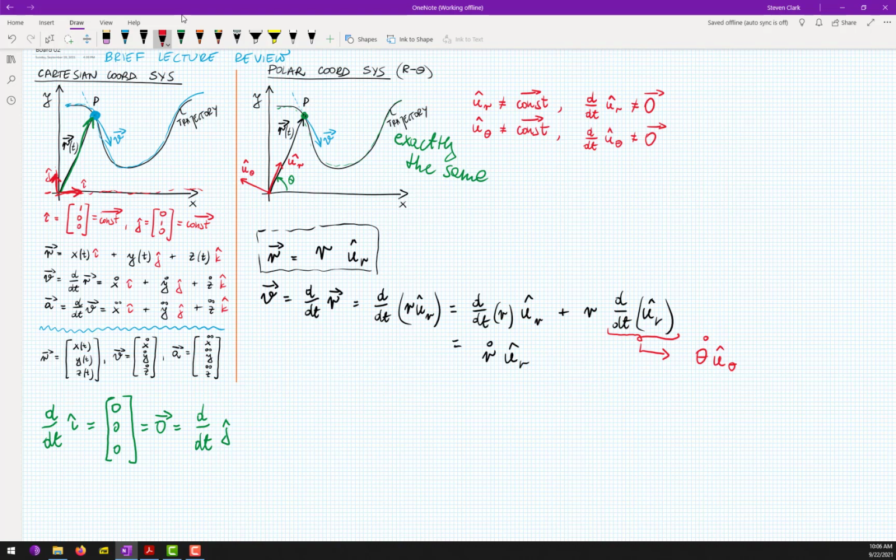I believe that Professor Sonny showed that yesterday on the lecture. If you want to see it one more time, visit us during our office hours. So I can write in here that this is r theta dot u theta. This is our velocity. So our velocity expressed in this coordinate system is this.